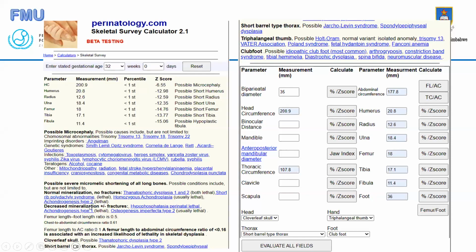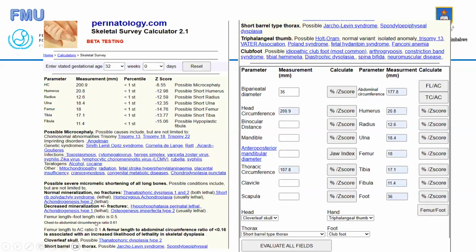And we could also have decreased mineralization with or without fractures. This is where things like hypophosphatasia come in, which is perinatally lethal. And we could also have achondrogenesis type 1, which is lethal, and also genetic type 2, which is usually lethal. So it also does calculate for us.